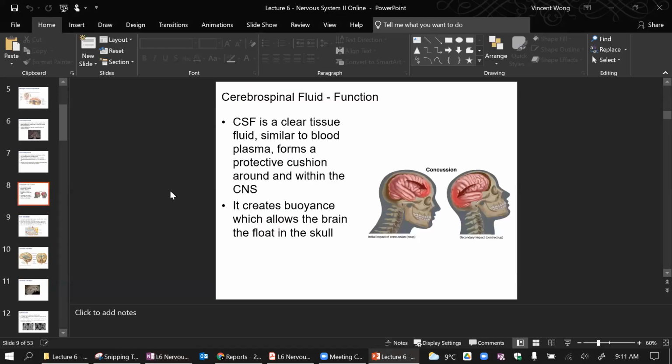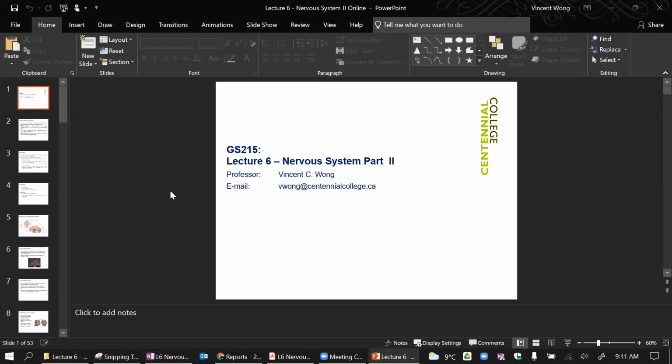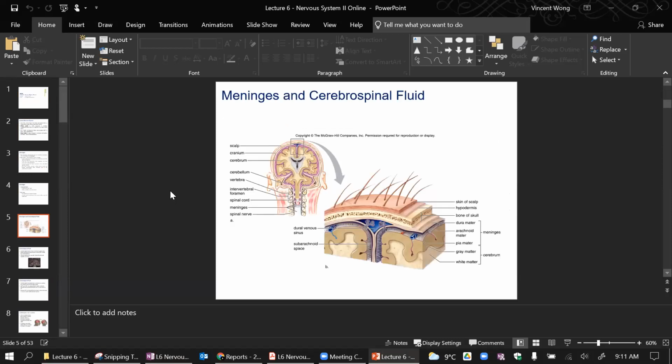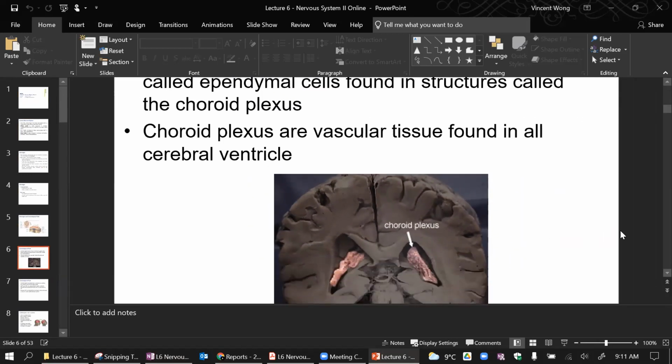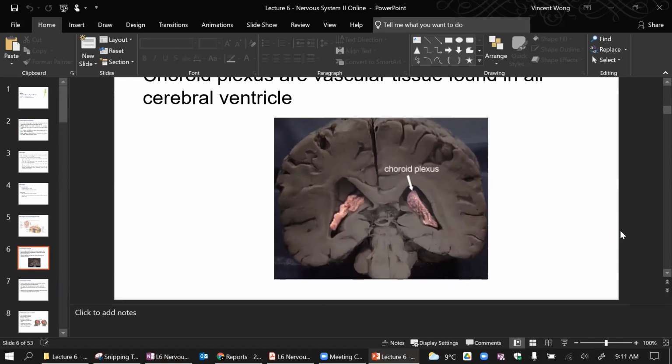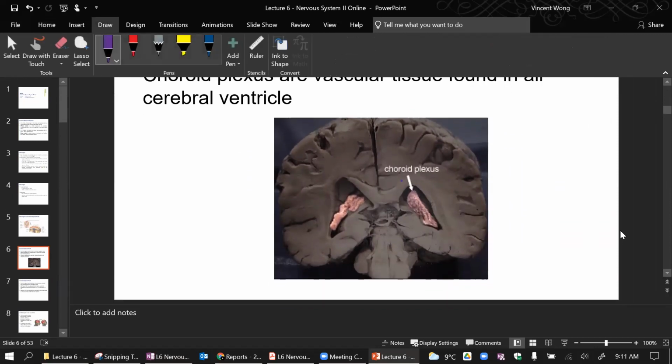Let's go find another one. We have another corpus callosum. Right here, this is a frontal view. You can see this is the corpus callosum, connecting one side of the brain to the other side. We actually spread out a little bit like this, and it allows the two halves of the brain to talk to each other.